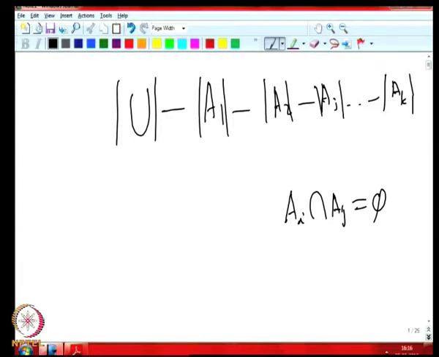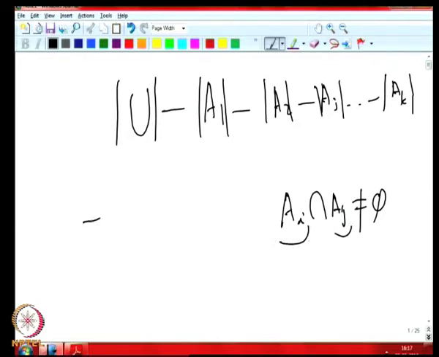But unfortunately that is not the case. There will be many cases with non-empty intersections, and those members in AI intersection AJ will get subtracted twice, once for each set.